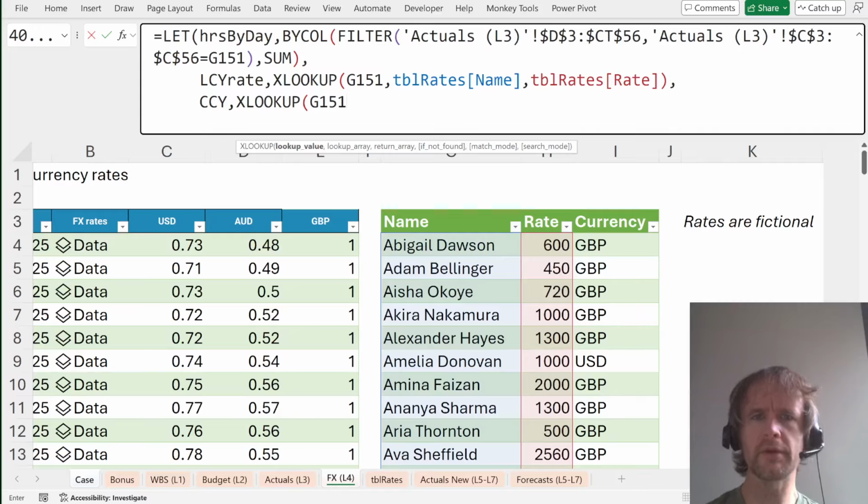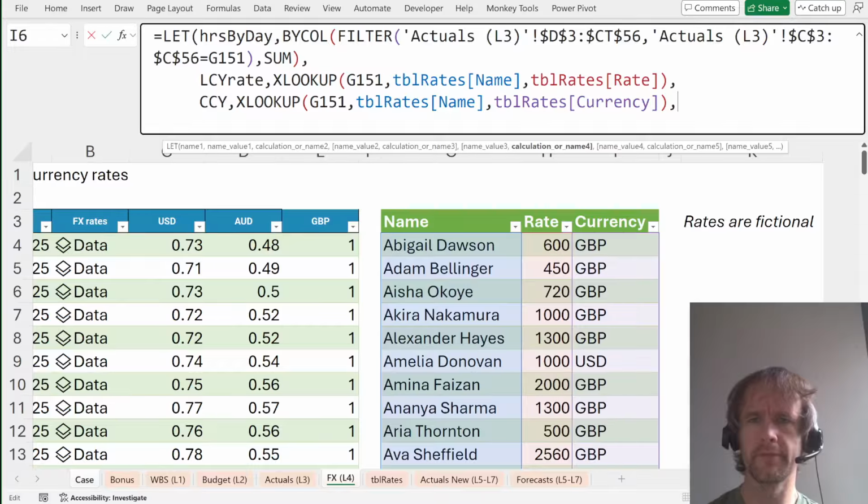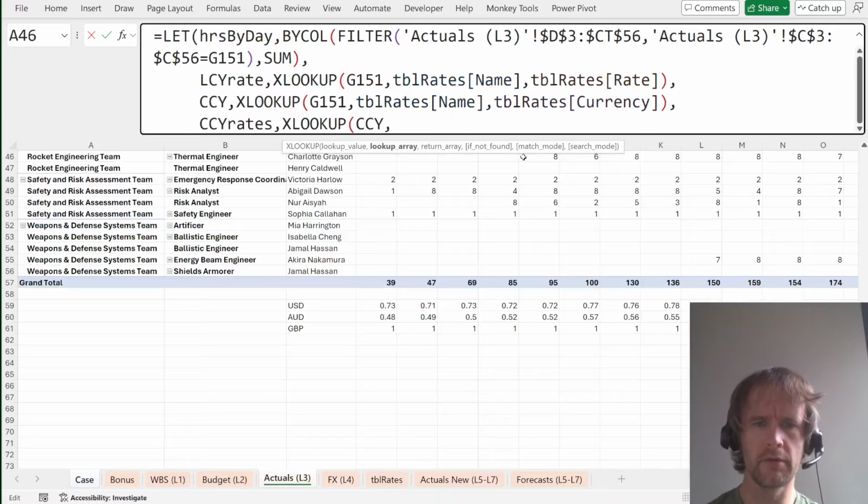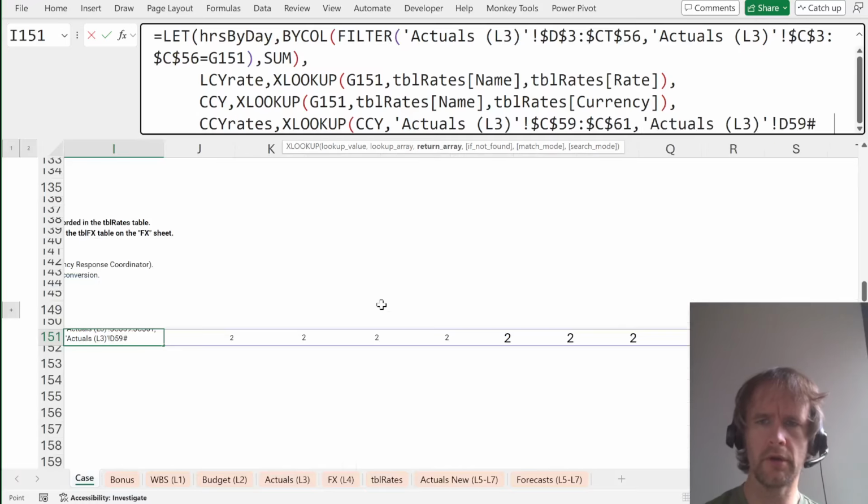Oh, these are not coloring in, which usually means something is wrong. Oh no, sorry, it just means I'm not on the same tab. Stupid. Okay, sorry. To look it up in table rates name, returning from currency. Then CCY rates, the XLOOKUP CCY in here, lock, returning from here, lock.